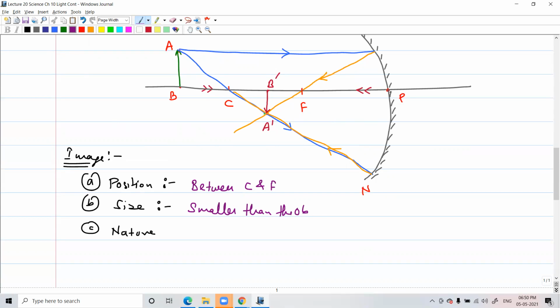And also notice one thing. The closer you are to the center of curvature, the bigger the image will get, and if you put the object exactly at the center of curvature, the image will also come at the center of curvature and they both will become the same size.